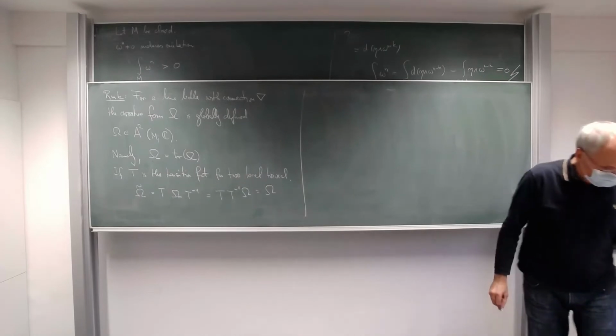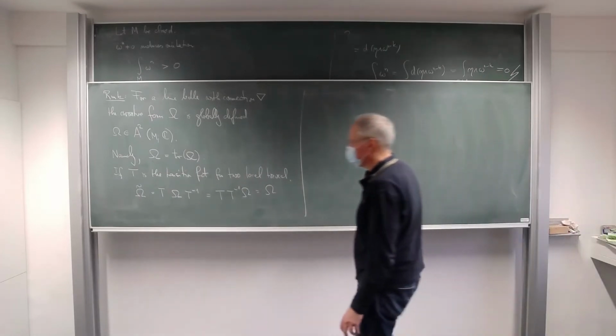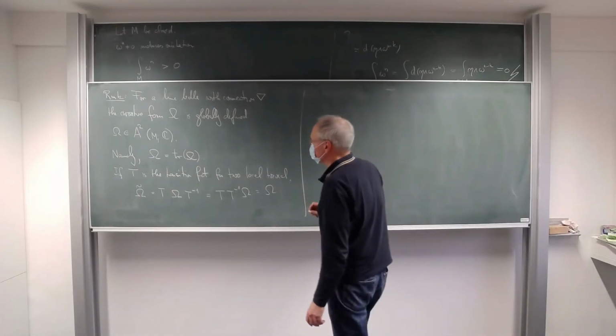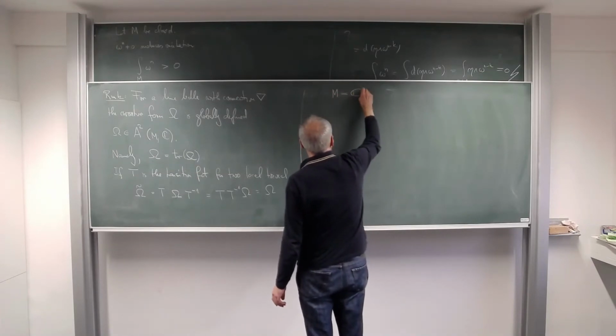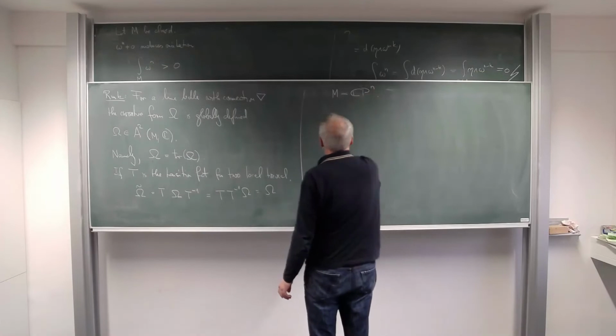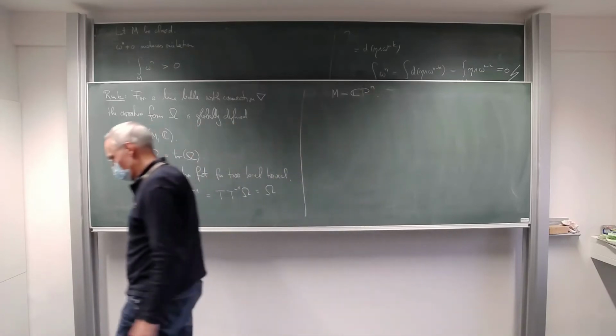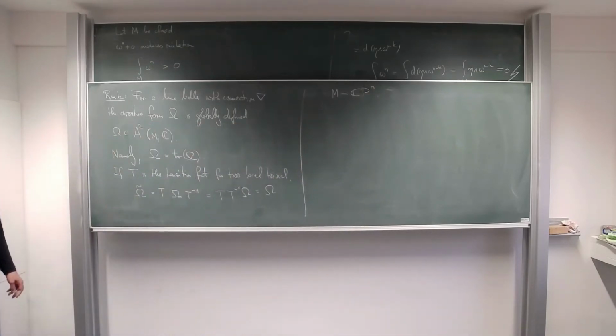Good. And now finally we can pass to complex projective space. So let's now look at N equals CP^n. First of all, I want to apply the symplectic stuff to this manifold. So I somehow have to construct a symplectic form.